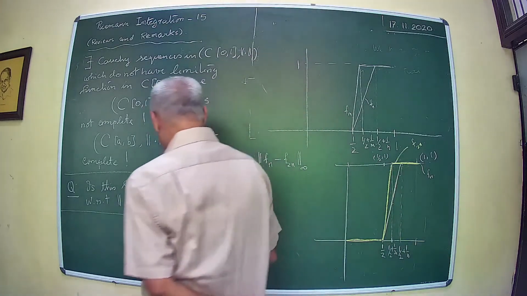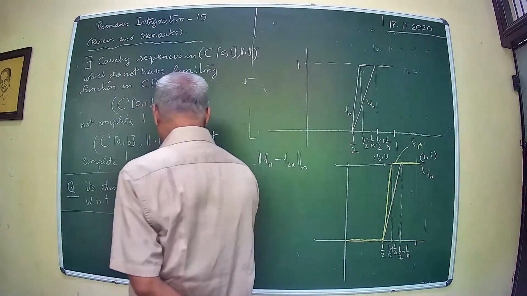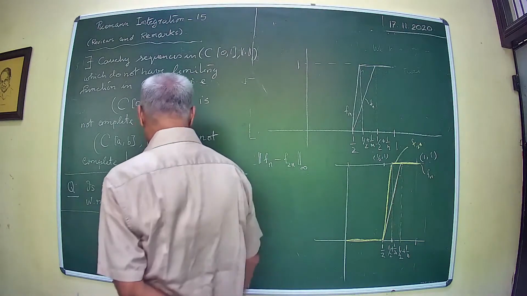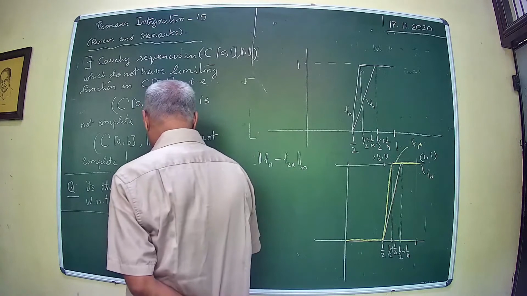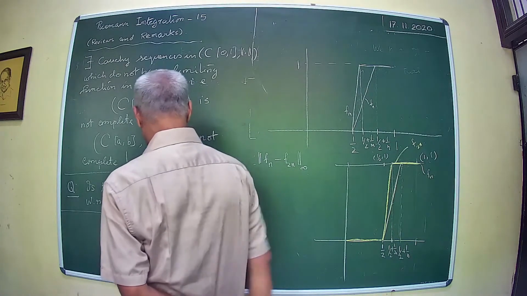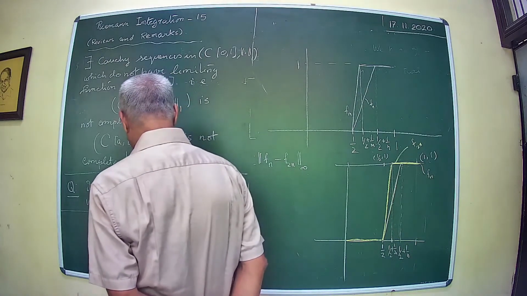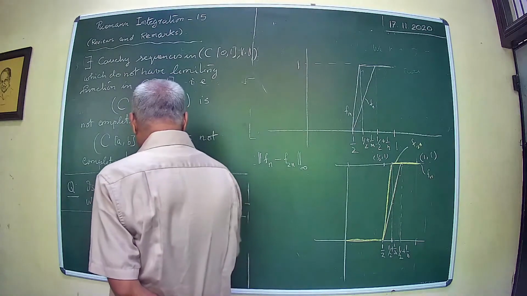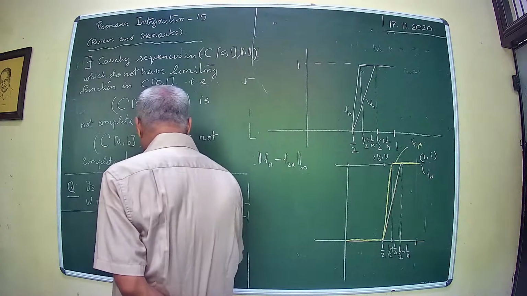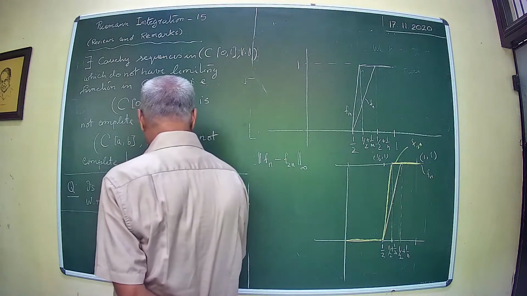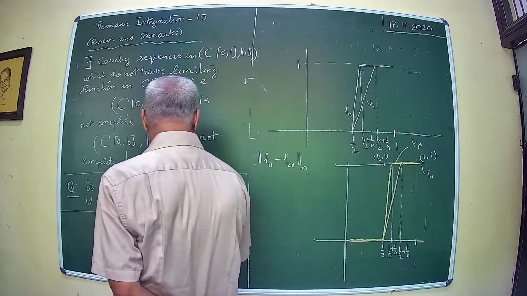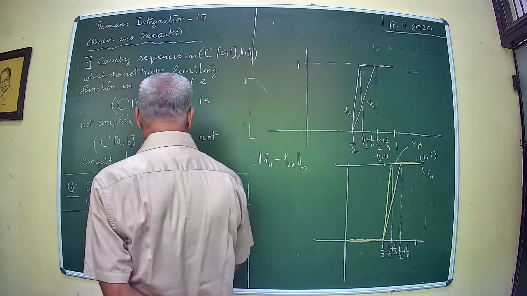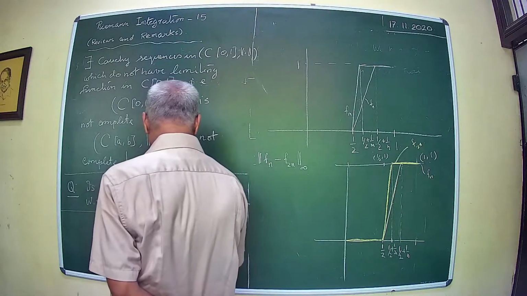These two triangles: you see that these two lines are parallel, so you have this angle equal to this angle. And this is of course a right angle triangle. The distance here is 1 by 2n, and the distance here is also 1 by 2n. This is because it is 1 by n minus 1 by 2n.